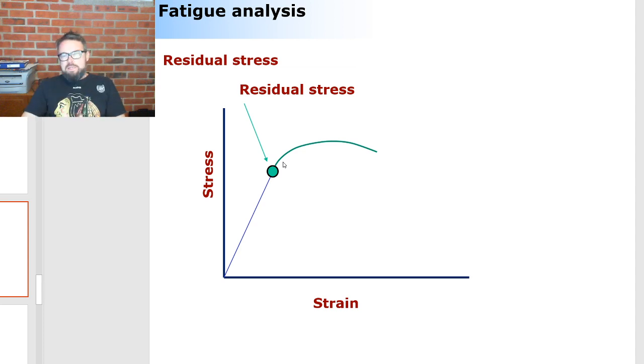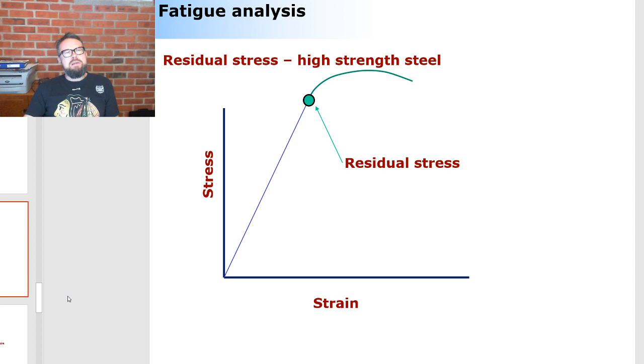Now, why fatigue is a big problem even if you use a high-strength steel is the fact that, because of the welding process, the residual stresses will in pretty much all cases be in this phase where the linear turns into nonlinear. If I have a very nice high-strength steel here, the residual stresses will just be higher because of the welding process itself.